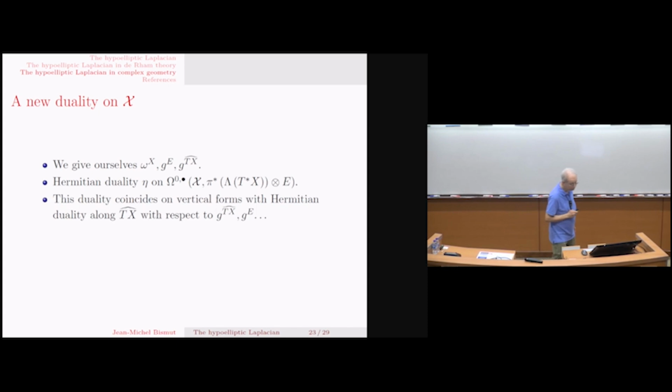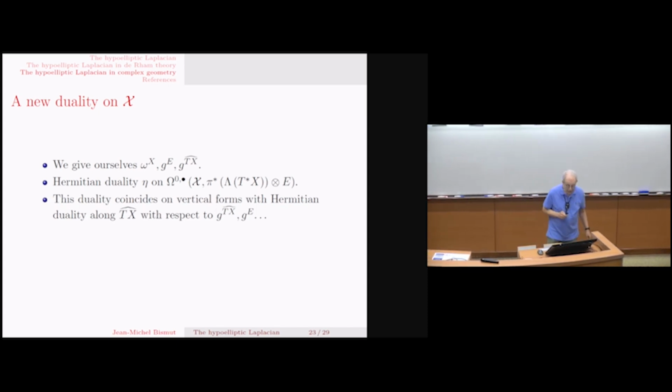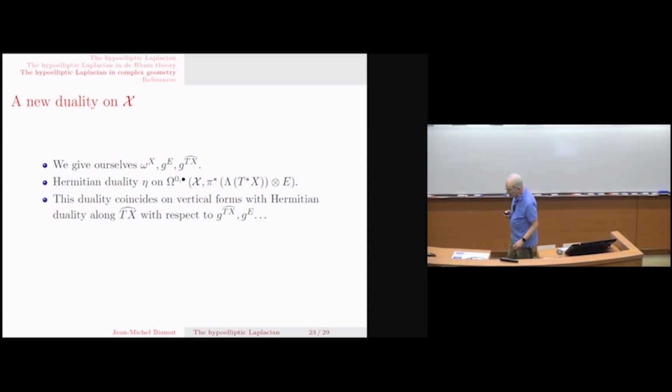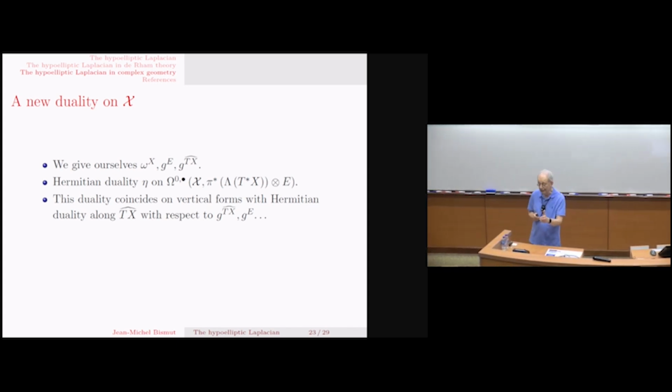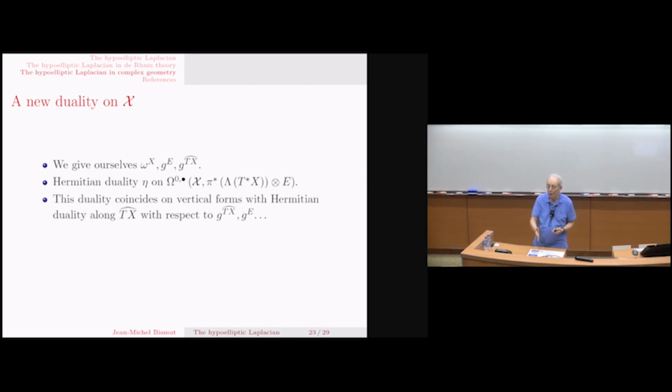And so we will define a Hermitian duality on this enlarged Dolbeault complex on the total space X hat, which essentially coincides in the vertical direction with Hermitian duality, because the vertical direction is equipped with a Hermitian metric. And in the horizontal direction, it is actually this bizarre duality which produced Chern-Weil. So we're going to mix classical analysis in the fibers with degenerate analysis on the base.